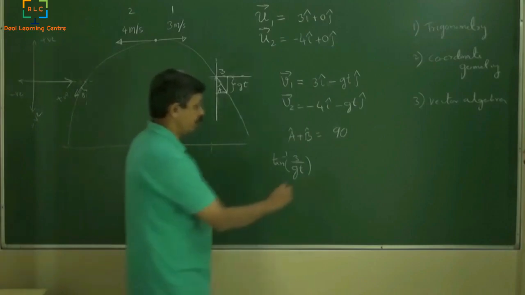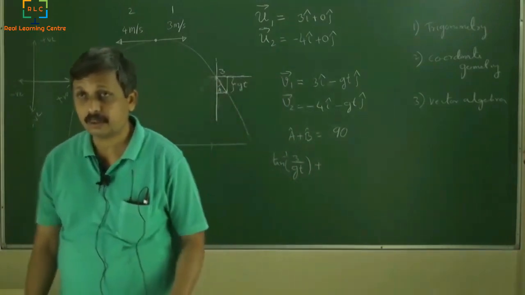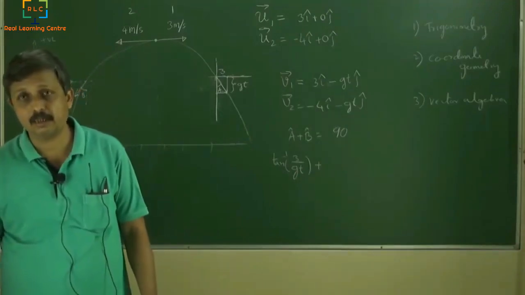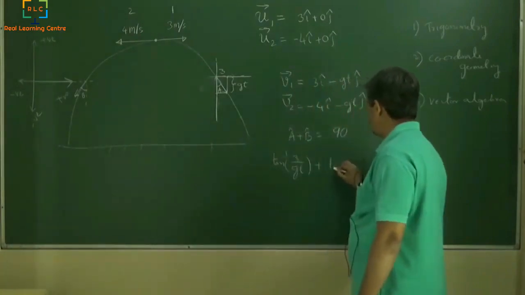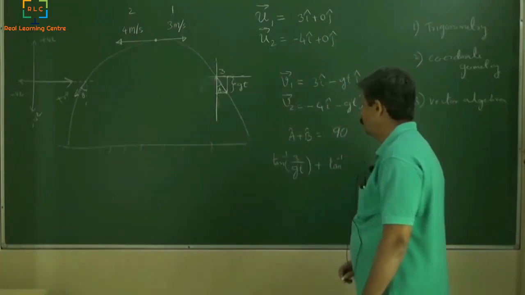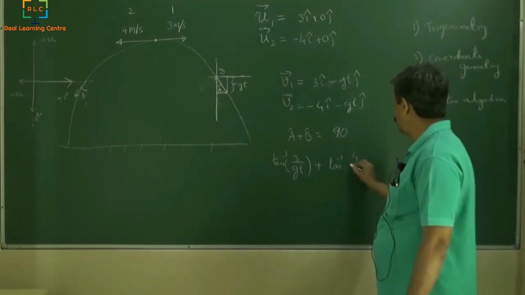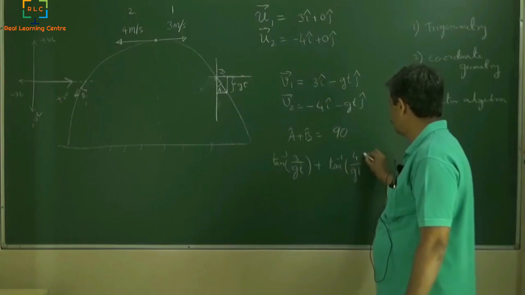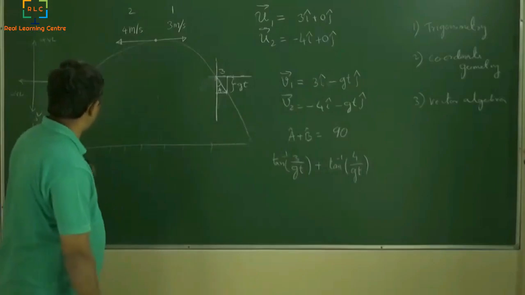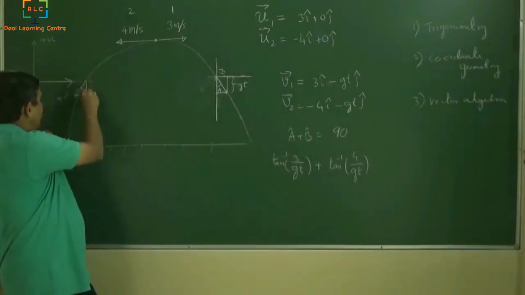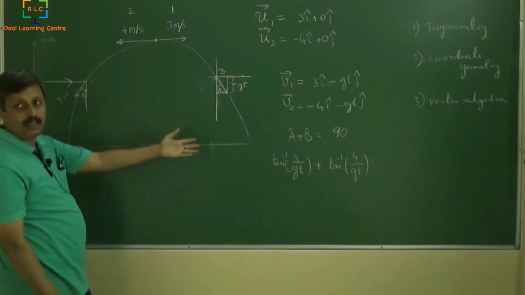what about B? Can I write angle B? Angle B is how much? Tan inverse of 4 by gt. So since we are looking at only the angle, just the value of the angle, not the direction, we are adding those two values to get 90.